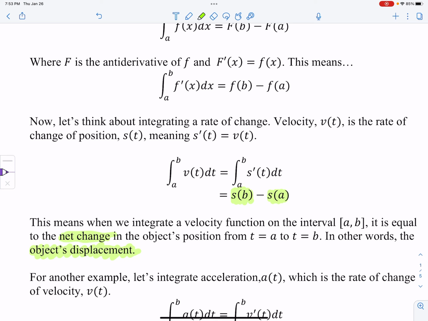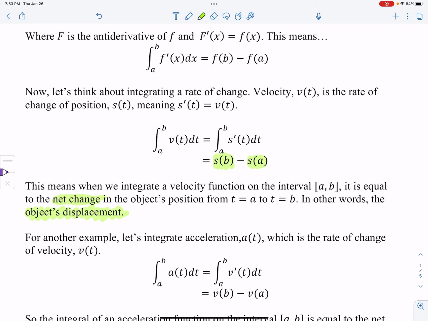When you integrate the velocity function representing that particle's movement, you would end up calculating the particle's displacement, so its distance from its starting position to its ending position.